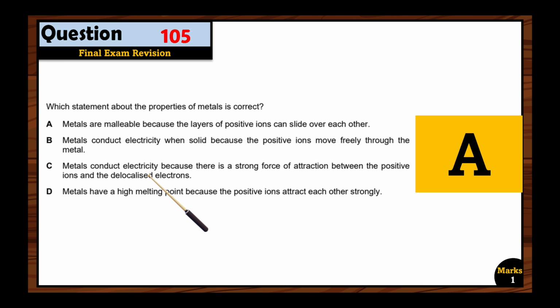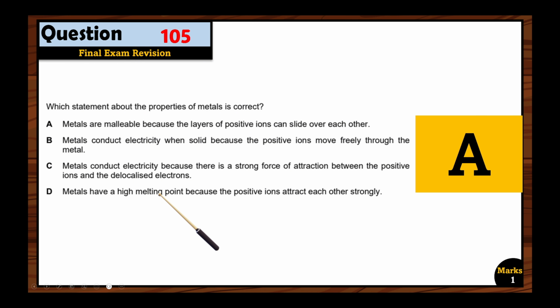That's why they can conduct electricity. But metals can conduct electricity because they have delocalized electrons. So only two things are responsible for conducting electricity: delocalized electrons or oppositely charged ions.